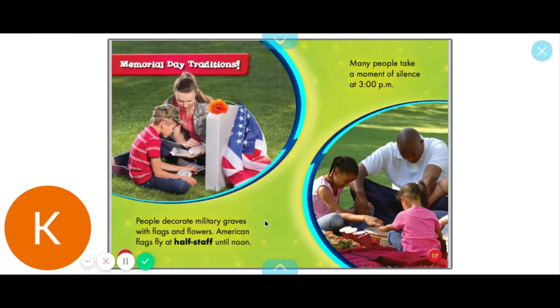People decorate military graves with flags and flowers. American flags fly at half-staff until noon. Many people take a moment of silence at 3 p.m.